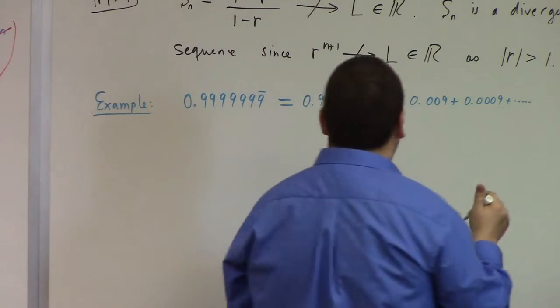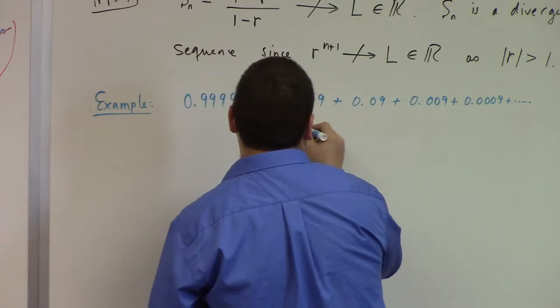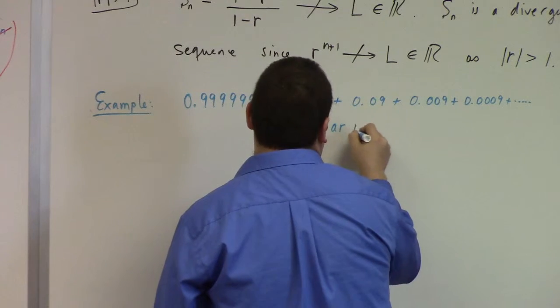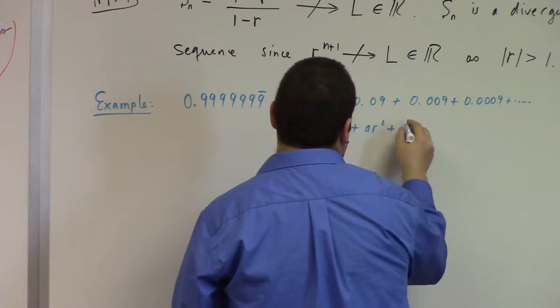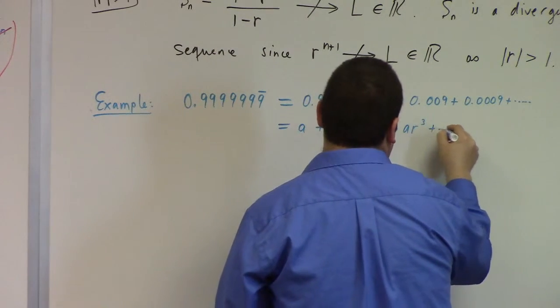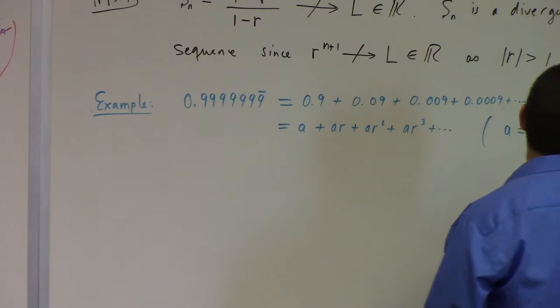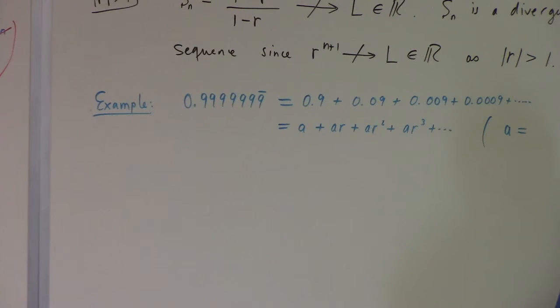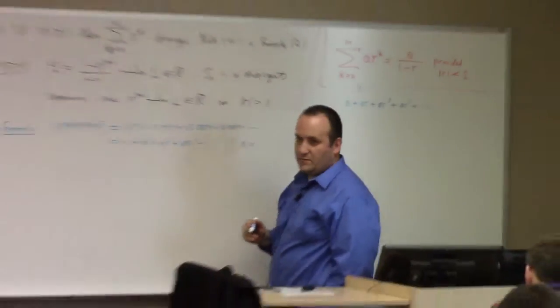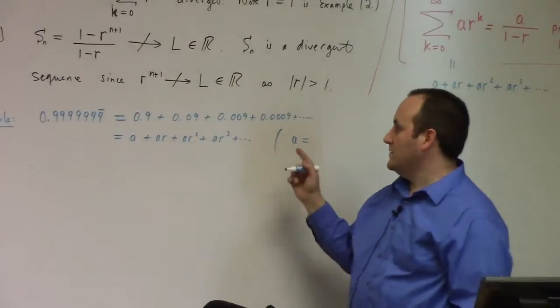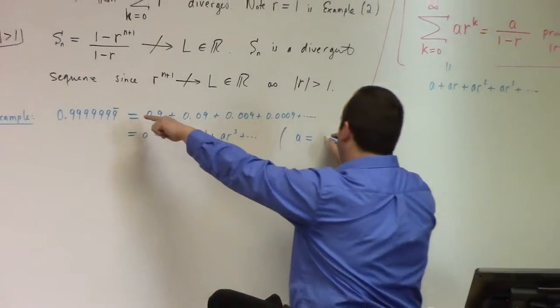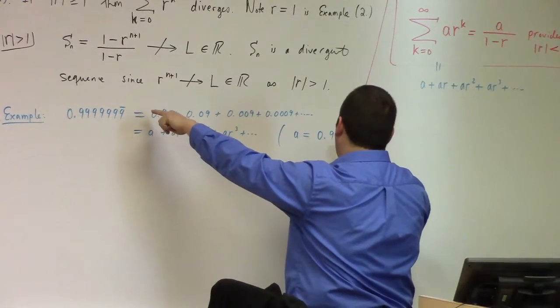So the question here is, this is a plus ar plus ar squared plus ar cubed plus dot, dot, dot, for what choice of a and r? A is the first term that you're adding if it's geometric, so a is 0.9. And what's r?